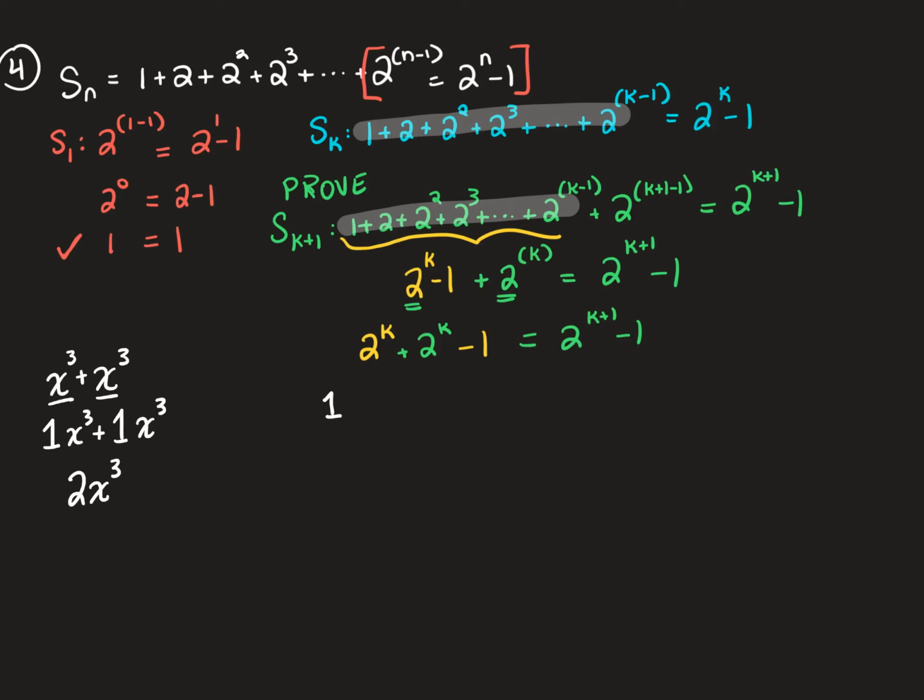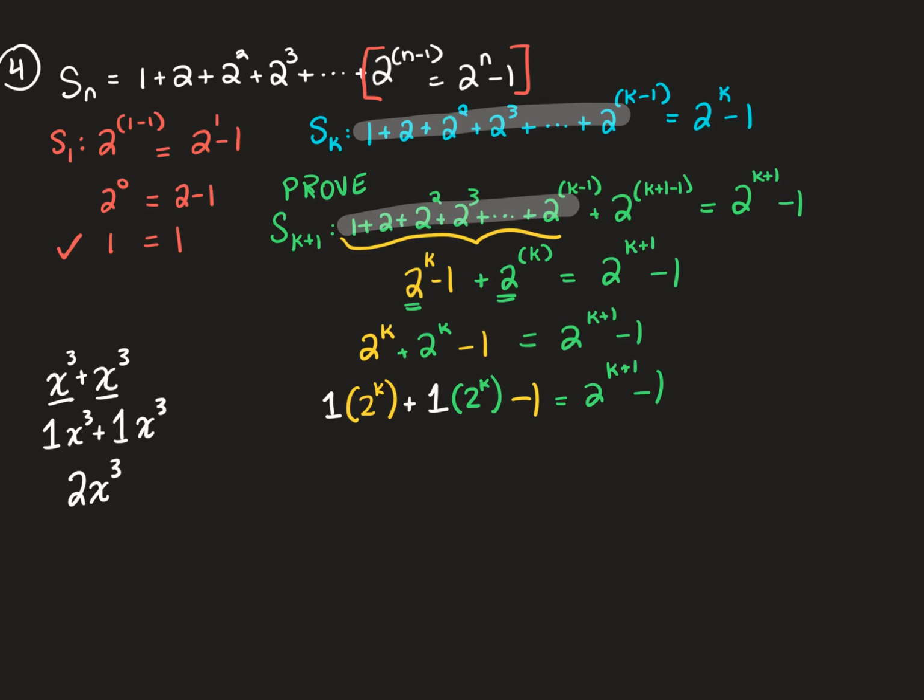So we have 2 to the k plus 1, I'm just writing these in the same color so you can see where I'm getting everything, minus 1. And then we're trying to show that these two things are equal. Okay.